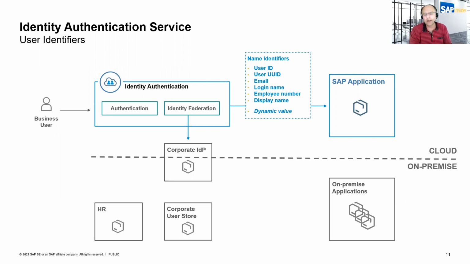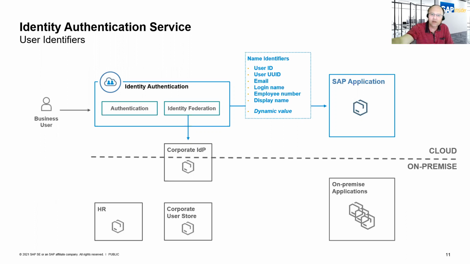So we can rewrite the assertion that is sent to the respective application with a dynamic expression. You can add logical expressions and, if required, replace the name identifier in case one application requires another one than the corporate identity provider sends.